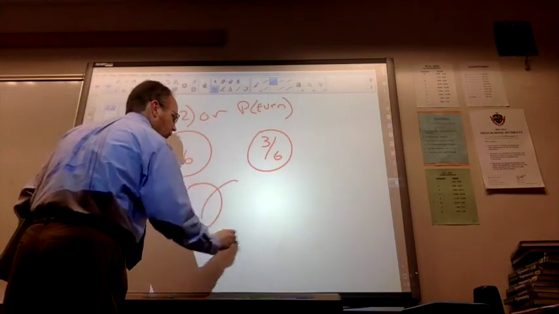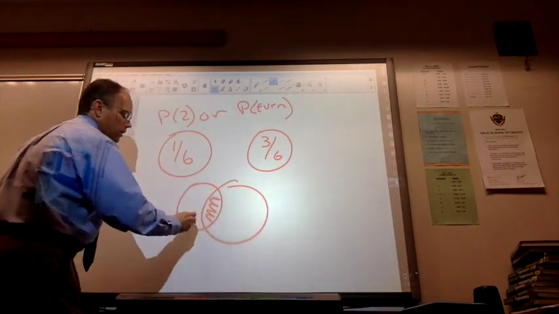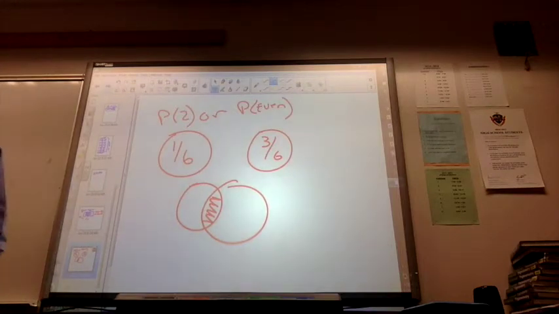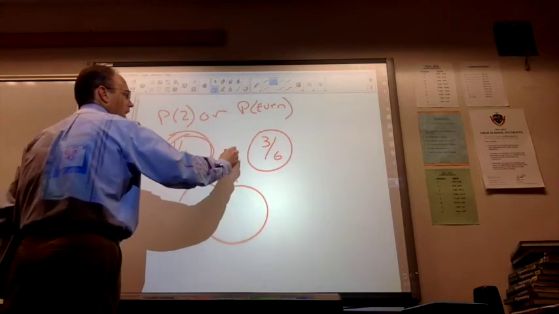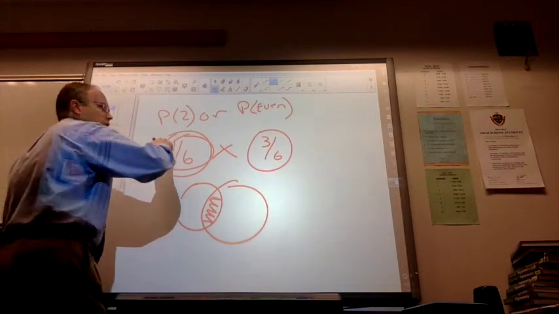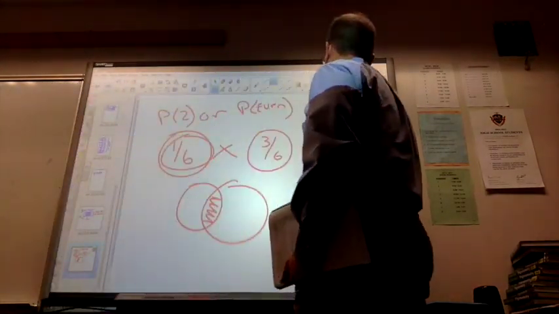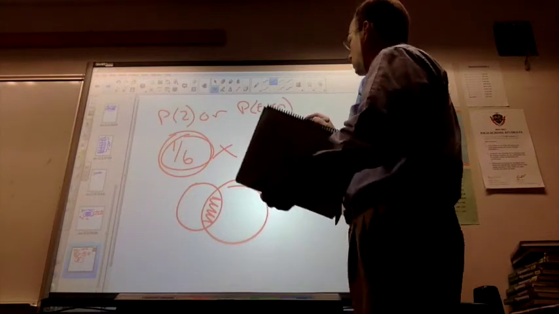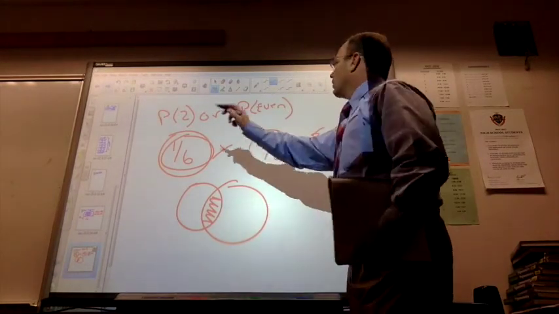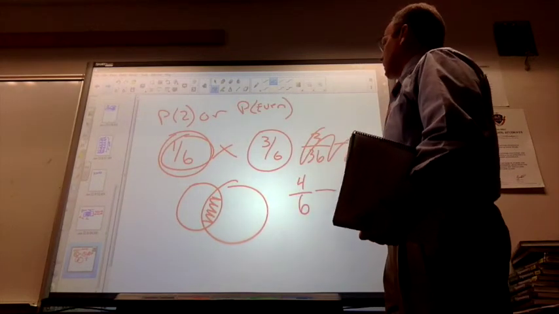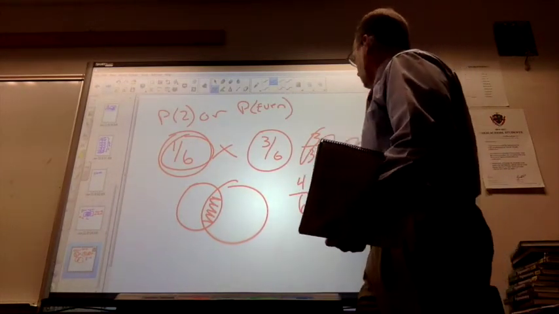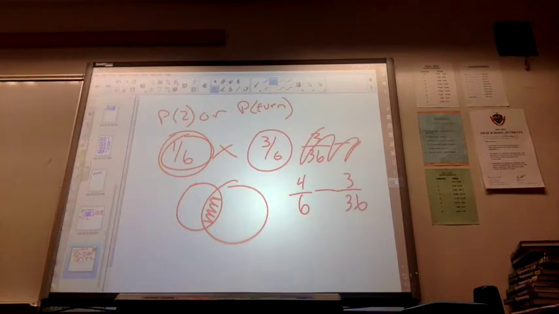So if I overlap the 2, this is the 2 and even we're going to take into account. So I'm going to take the probability of this times the probability of this. So straight across, that's 3 over 36 minus, oh wait, I'm going to add those together. 4 over 6 minus 3 over 36. How did I get 4 over 6?